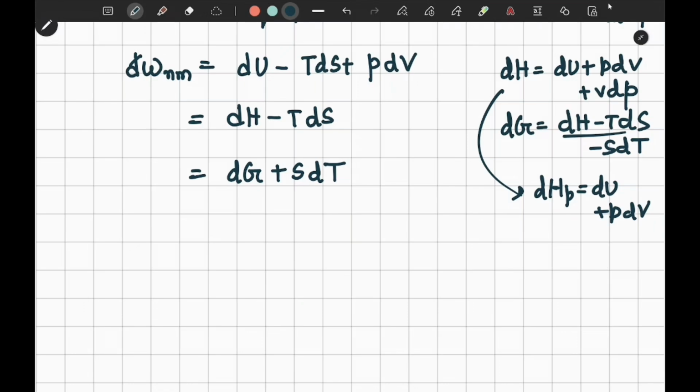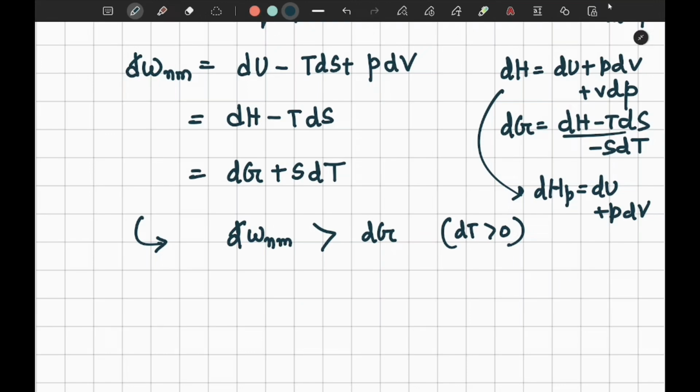So what is the catch? From here definitely you can say that the non-mechanical work is eventually greater than dG if dT is positive. For a change, if dT is positive, we are saying this is true.